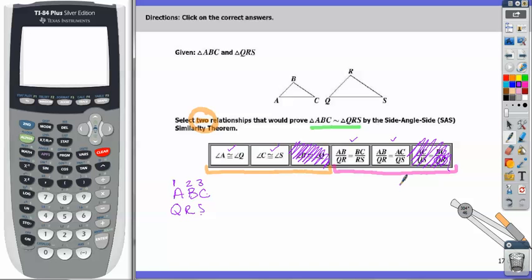Now, if I look at the pink highlighted ones over here, there's a whole bunch of letters. Well, what letters match is what I'm going to go with.